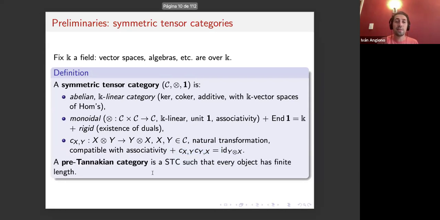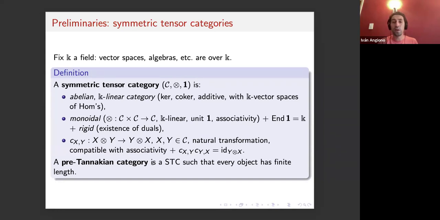And the last thing is, if to this category we add an extra condition, we will have a Tannakian category. What is it? As we have kernels and cokernels, we can talk about exact sequences. We can talk about simple objects, indecomposable objects, and so on. Once you have simple objects, you can talk about the Jordan-Hölder theorem, and then you talk about length, in the same way that you talk about length for modules.